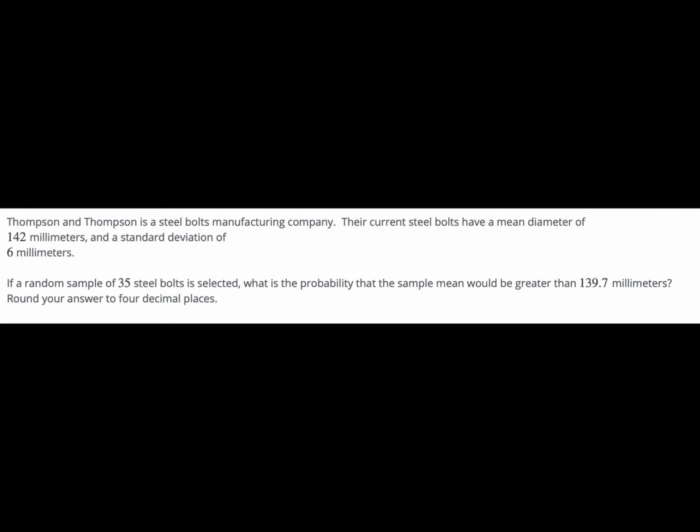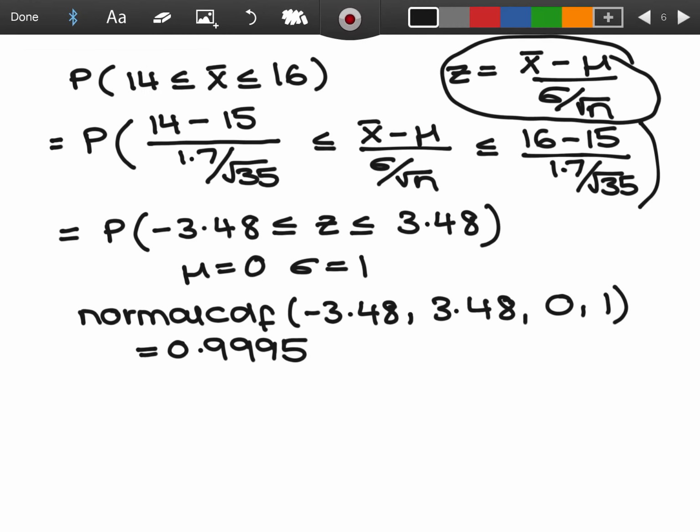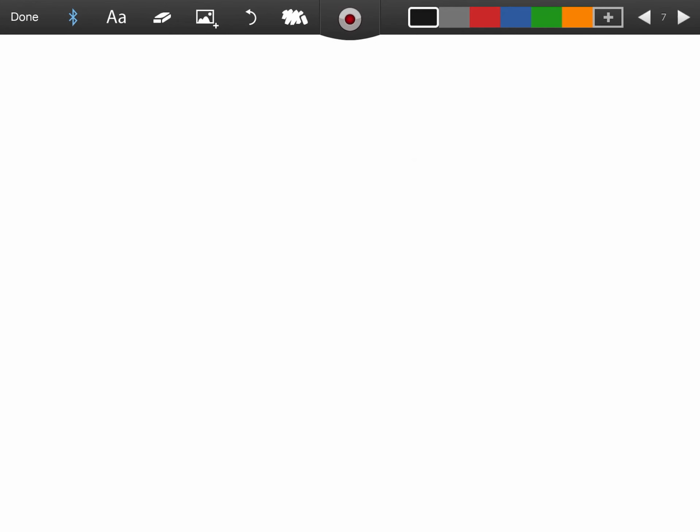Okay, so we've got a population mean of 142. We have a population standard deviation of 6. We've got a sample size of 35, and we want the probability that the sample mean is greater than 139.7.